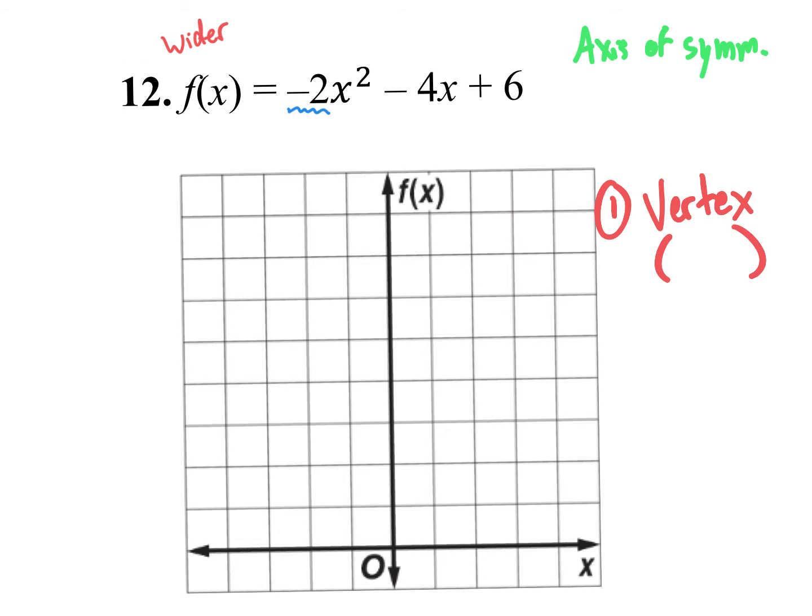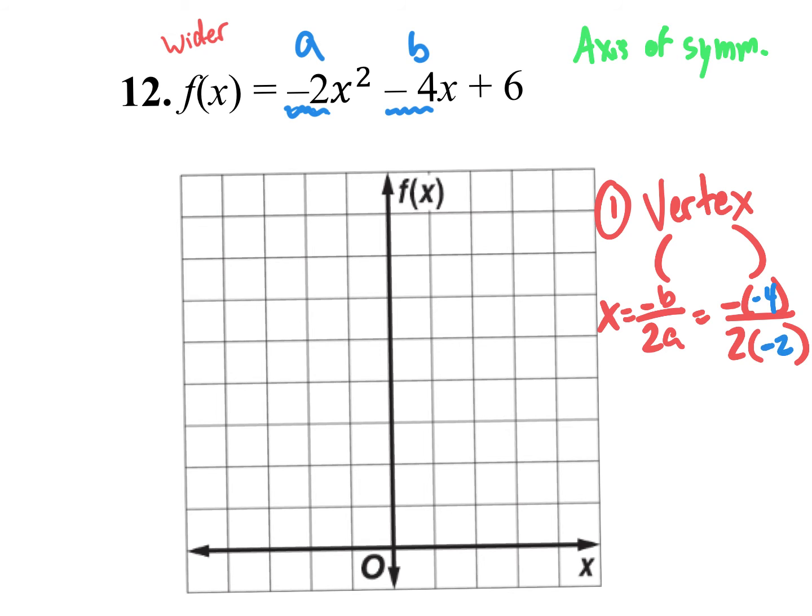That is a coordinate, and we find that coordinate by using the vertex formula x equals negative b over 2 times a. When we use that formula, let's use parentheses in order to plug in the b value of negative 4 and the a value of negative 2. So b is negative 4, you plug that into the top. A is negative 2, plug that into the bottom, and now simplify the fraction.